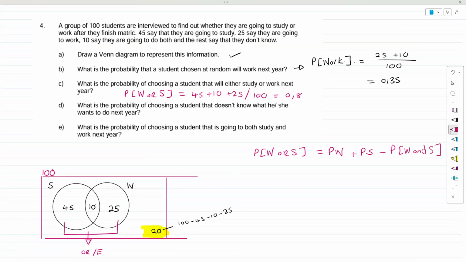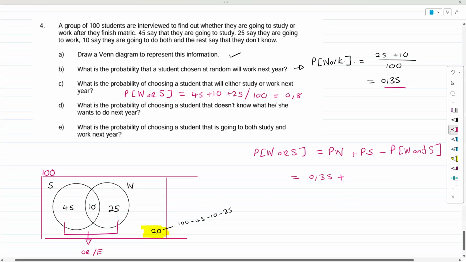So let's deal with that one. The probability of working, I want you to pay attention. The probability of working, which we got was 0.35. So that's 0.35. Plus the probability of studying. Now the probability of studying lies there. So that is 0.55 minus the probability of working and studying, which is 0.1.